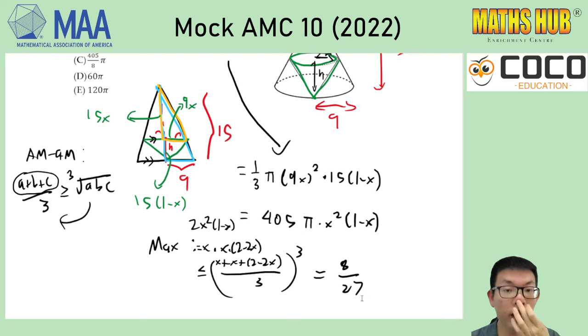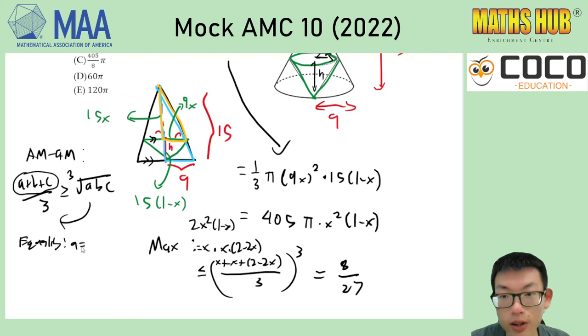I've said that 2x squared times 1 minus x is less than or equal to this, and for the AM-GM inequality, equality holds when all of the stuff you put in are the same. So x and 2 minus 2x are the same, means that 3x is 2, x is 2/3, which is perfectly reasonable, right? 2/3 times 2/3 times 1/3 times 2 is indeed 8 over 27.